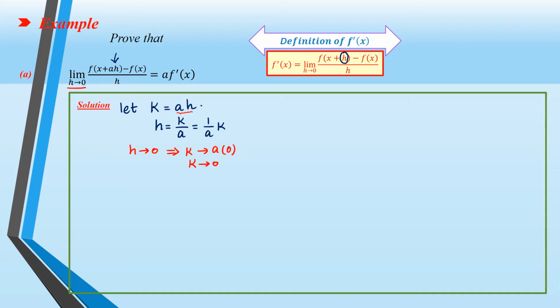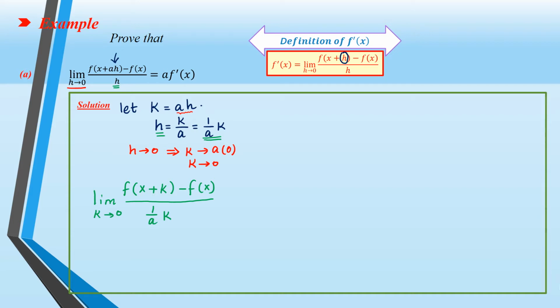Now you have to rewrite the limit with the new assumption, and you will get the limit of f of x plus k minus f of x divided by h, and h equals 1 over a multiplied by k, when k goes to 0, because now the limit depends on k.